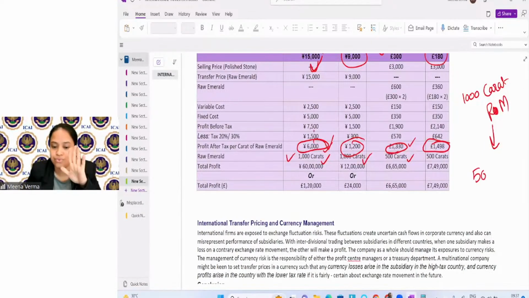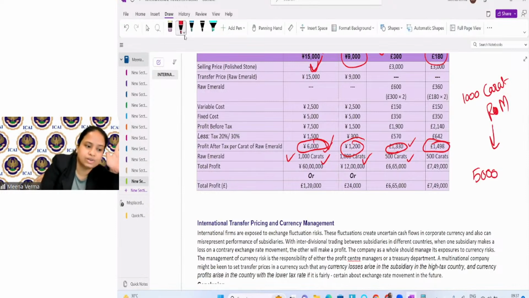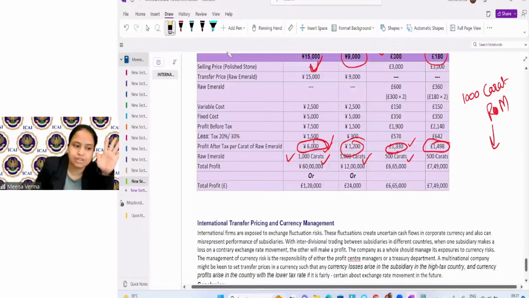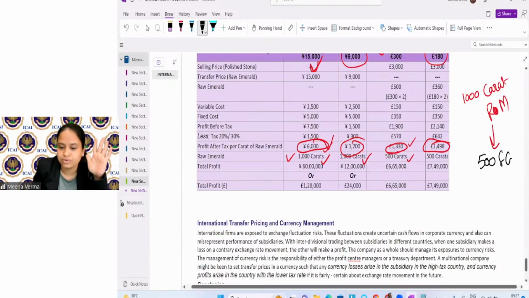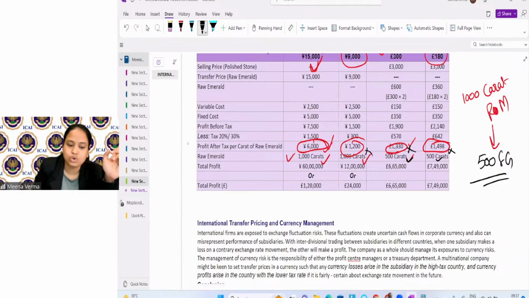So out of 1,000 raw material, they can produce 500 final goods. So 500 they have taken here, they have multiplied it respectively to get the total revenue and total profit.